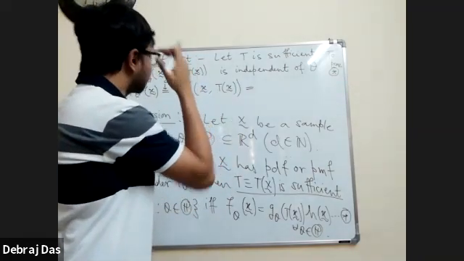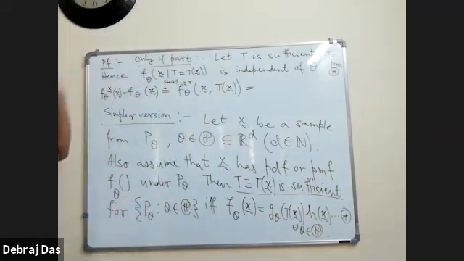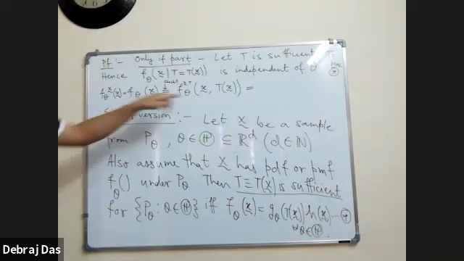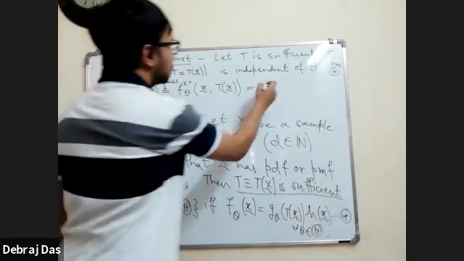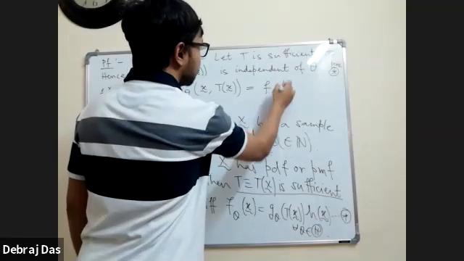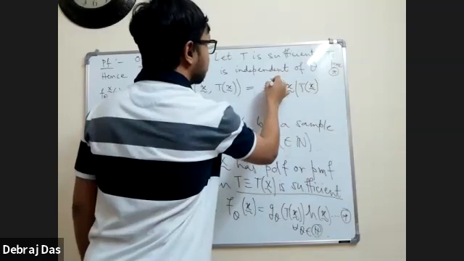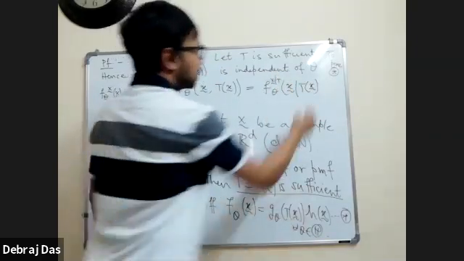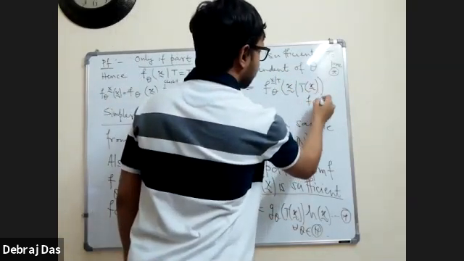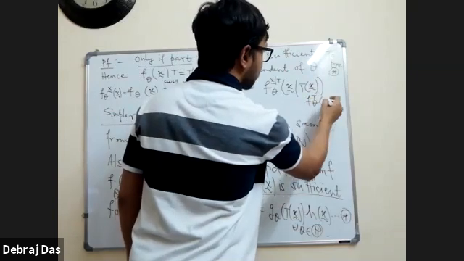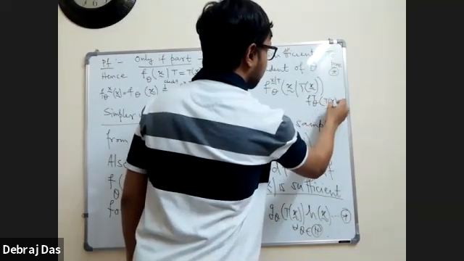So if you assume for the time being that this is equal to this, then now this is nothing but f of x curl given T of x curl. Let me write again like this: f theta of T of x curl.